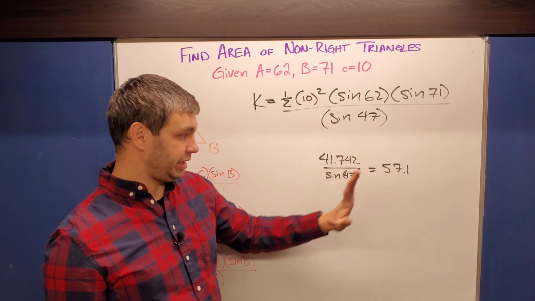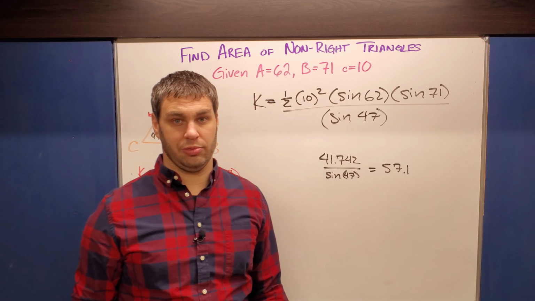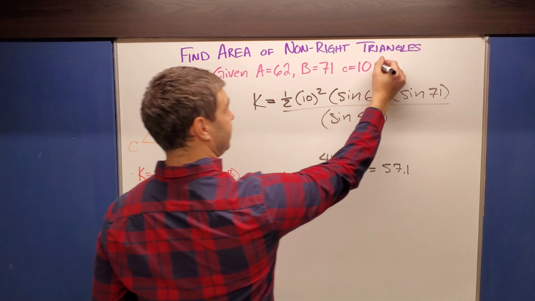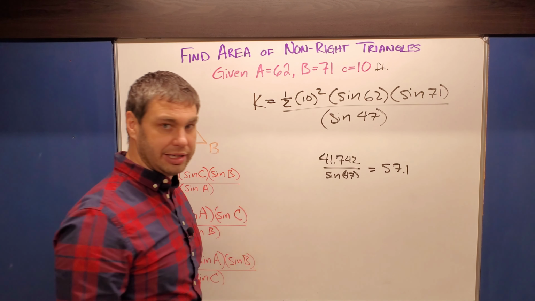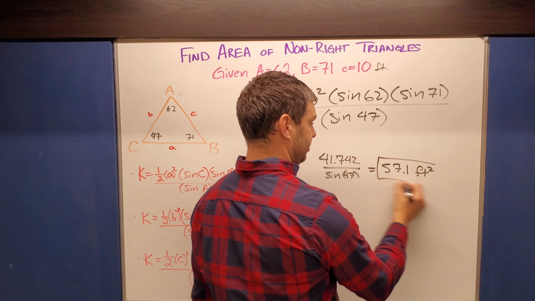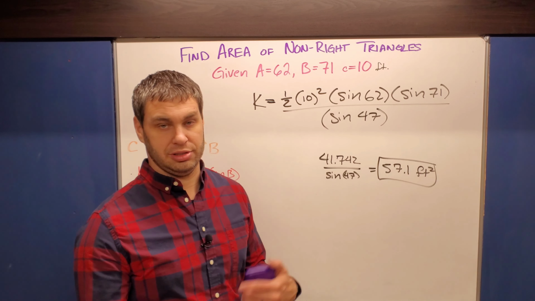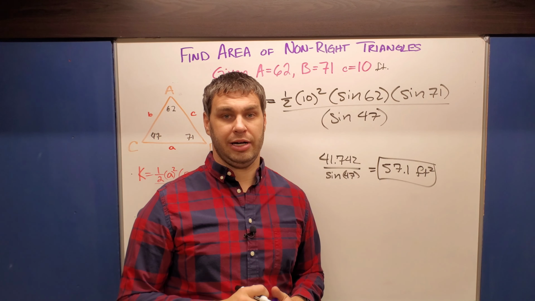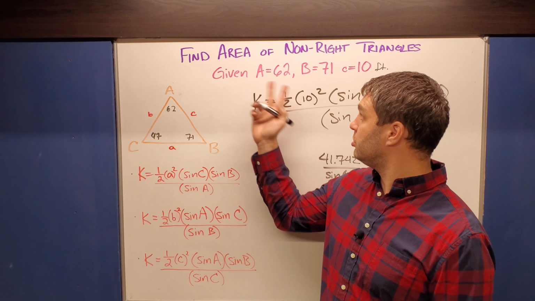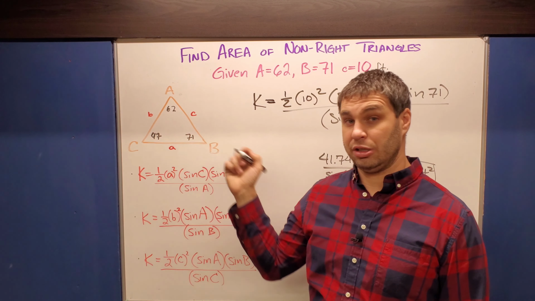Now this gives me an answer of 57.1, and depending on whatever C was, let's say it was 10 feet, since we're talking area, this is going to be 57.1 square feet. So that would be your answer like that, or square inches, whatever you have. All right, so that is the area of a non-right triangle when you're given two angles and the included side.